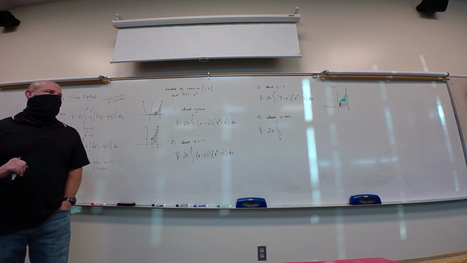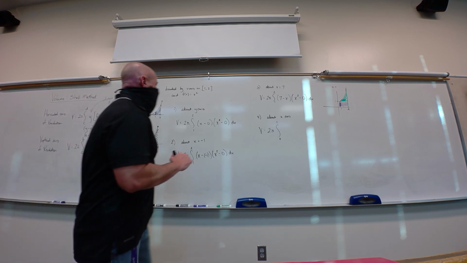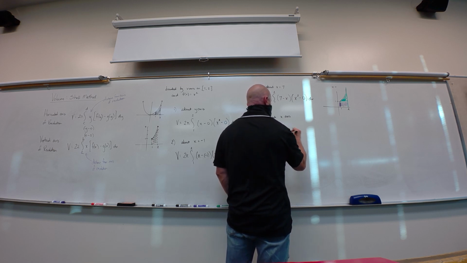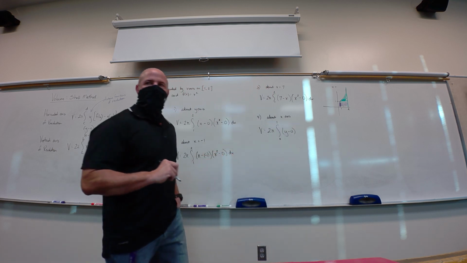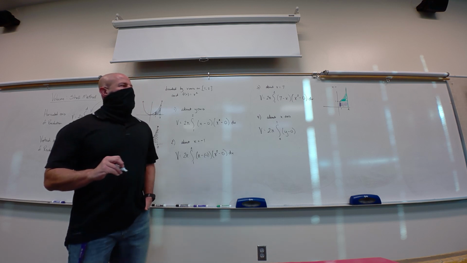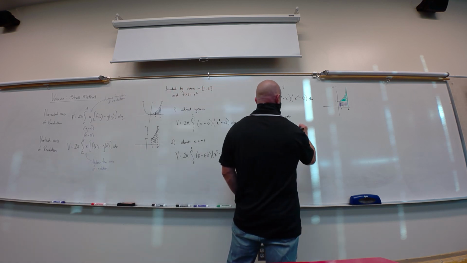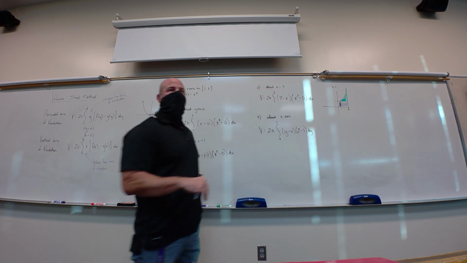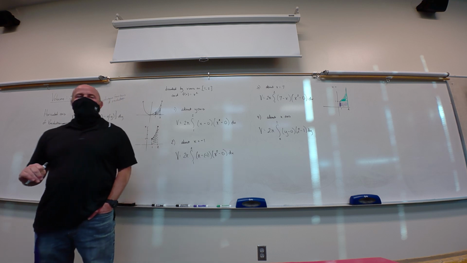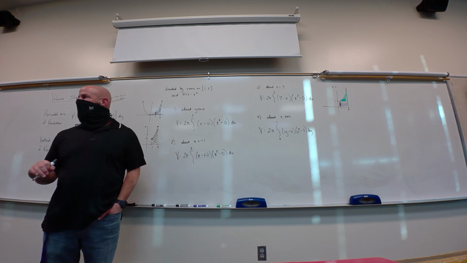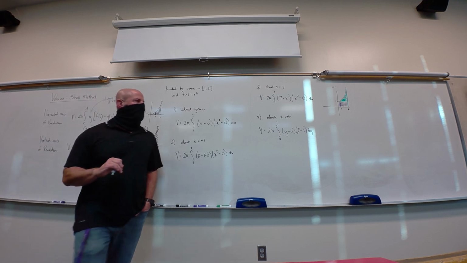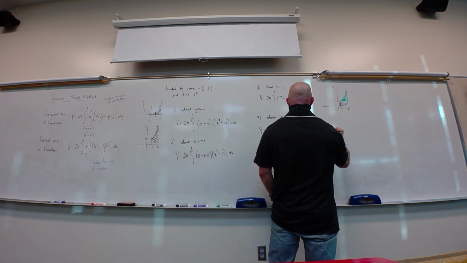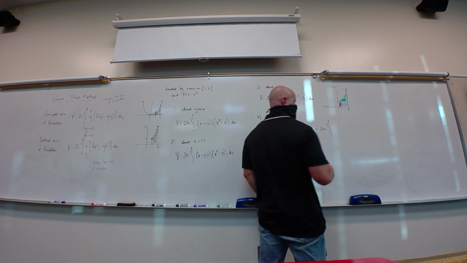So 0 to 1. I am going around the x-axis, so how far am I from the x-axis? y minus 0. Right minus left: 2 minus 1 dy. They're vertical lines. Again, I'm looking at the purple square there. Plus 2 pi integral 1 to 4.